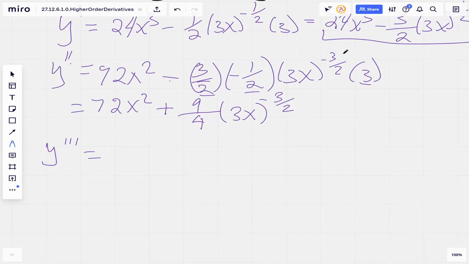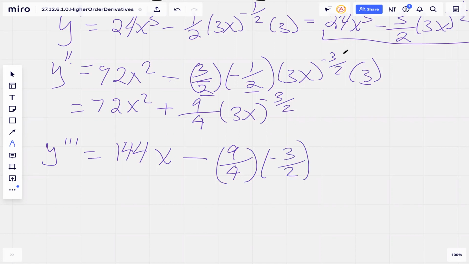Okay, so 72 times 2 is 144x minus 9 over 4 times negative 3 over 2 times 3x raised to the power of 5 over 2 times 3. Let's simplify a little bit. And again, you can stop here unless you're asked to simplify. We have two negatives.